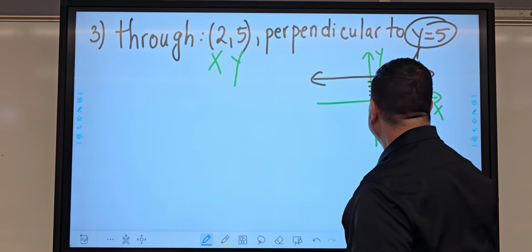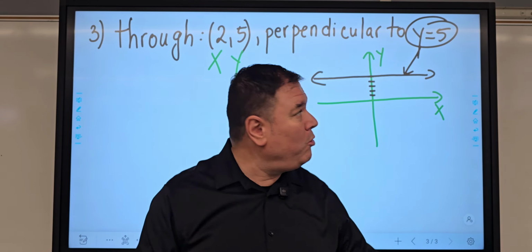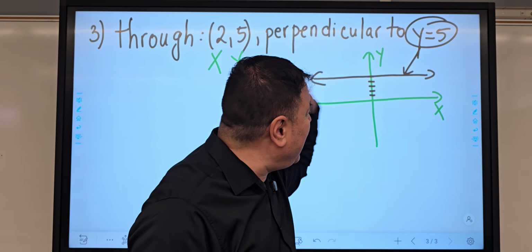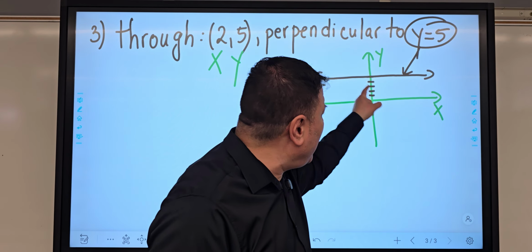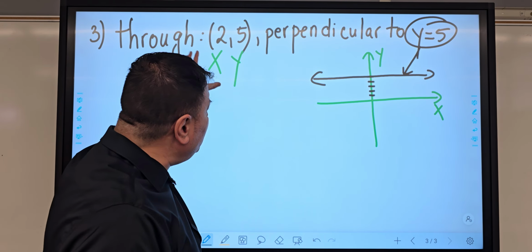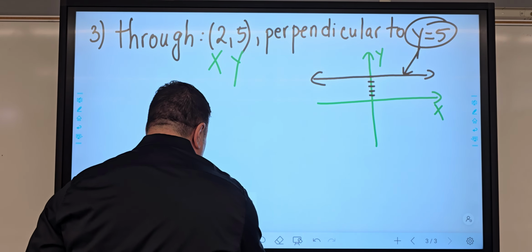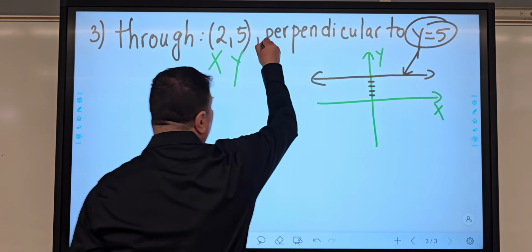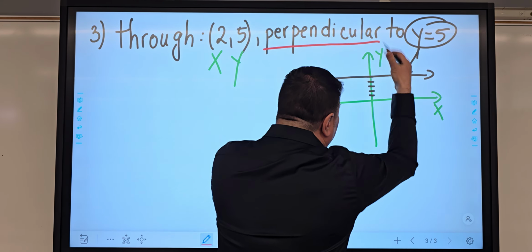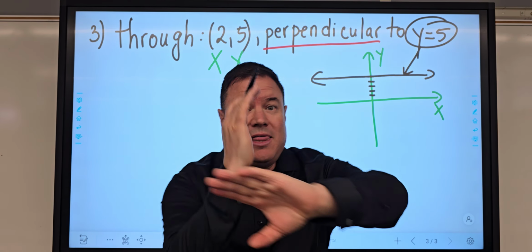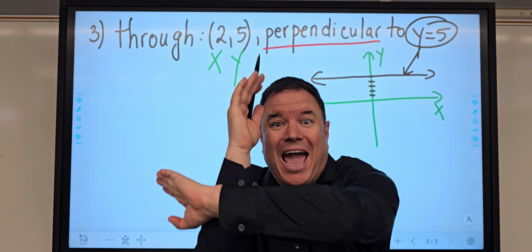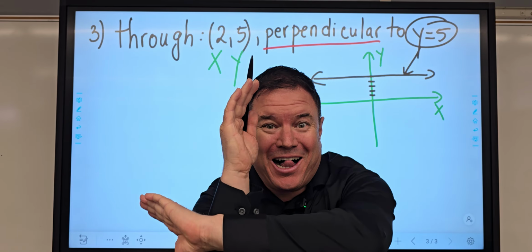So we're going to draw a horizontal line through that number, and this is the line y equals 5 right here. Now, after we identify that equation, y equals 5, our equation is perpendicular to this line, which means they are going to cross at a 90-degree angle.